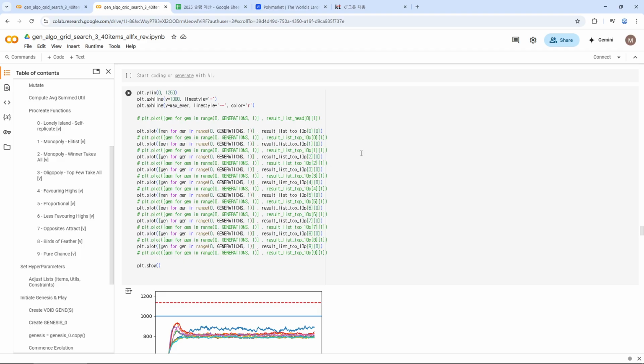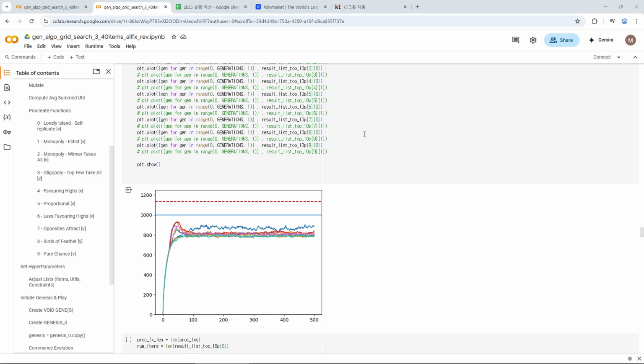And sorry. And these are the plots. So there is the dip. This bluish line is for Lonely Island, the self-replicate. But there are no dips. But then again, it doesn't peak either.